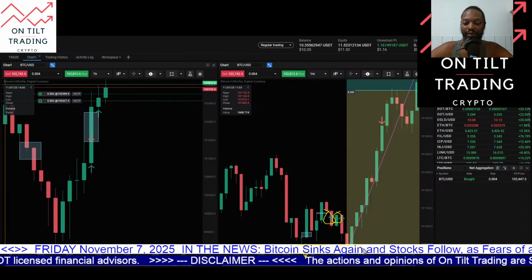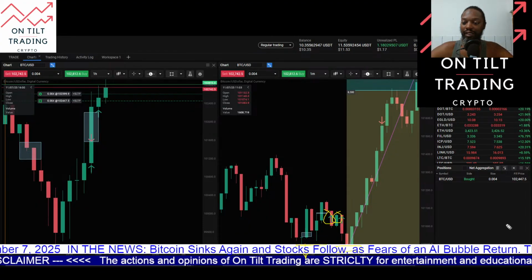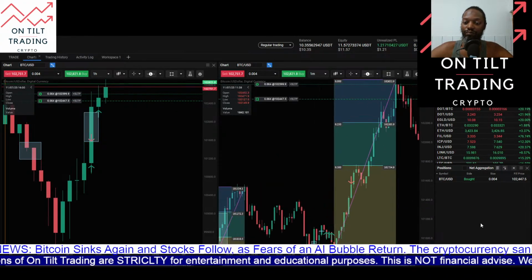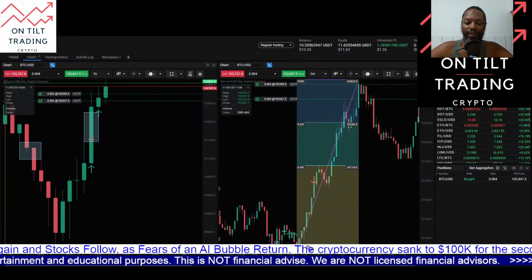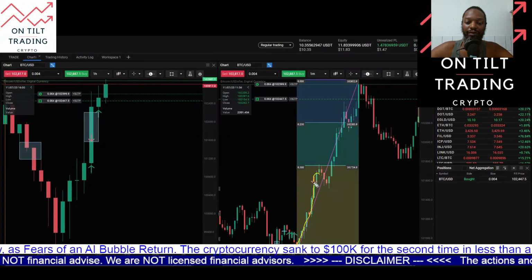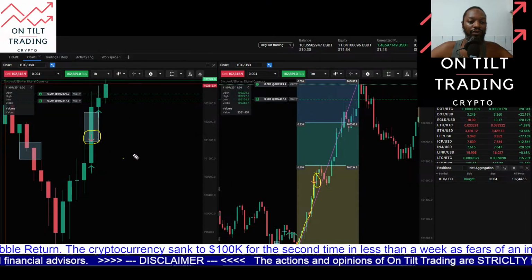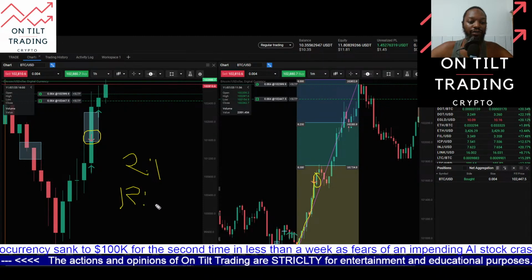You can see price did dip down below this level, but did not reach my stop loss. And from there, after this pullback, price delivered to the buy side, and then I'm able to take profits here at 2 to 1 reward to risk ratio here.